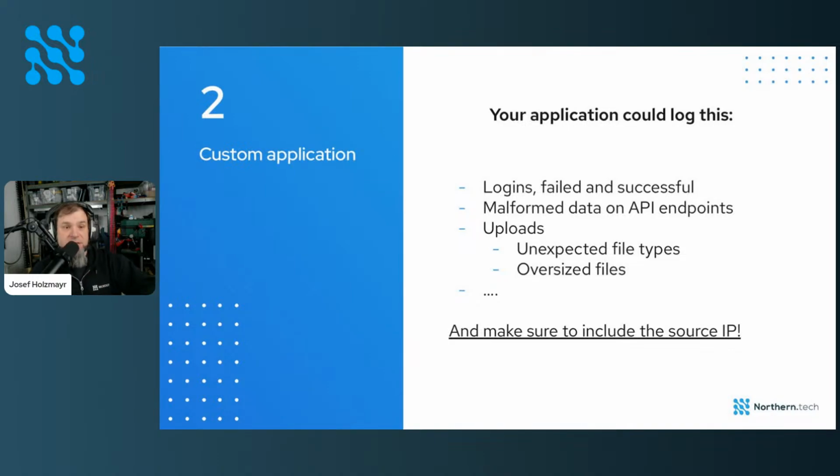So my suggestion is to really log everything. If something malformed arrives, put it into the log. If somebody tries to upload a file in a file type that you totally don't expect, log it. A very common thing here is uploading JPEGs, for example, for some customization of the UI.